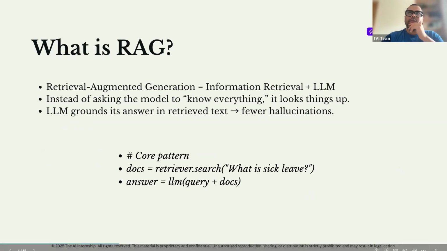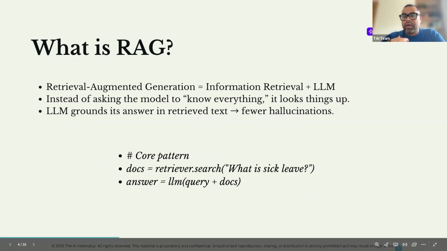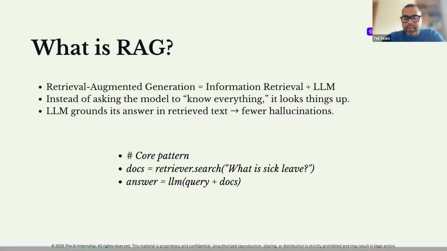Cool. So what is RAG? RAG stands for Retrieval Augmented Generation. The idea here is that rather than directly sending a query or a message to the LLM, you augment that query with the right kind of information so that it has the right context to answer your question. This is quite useful, especially because you need to make sure that the LLM knows the context. Otherwise, it will start hallucinating.